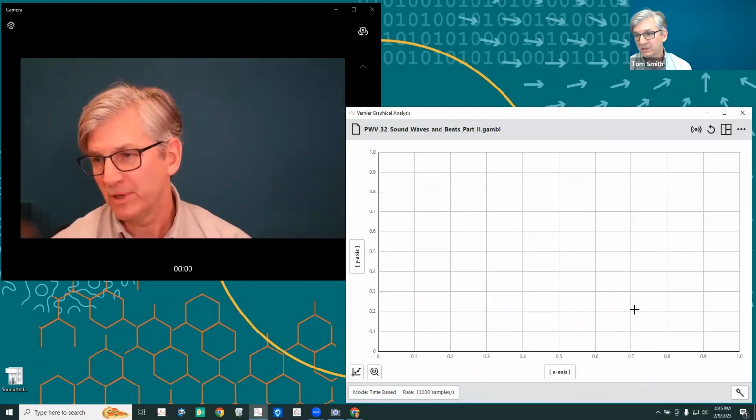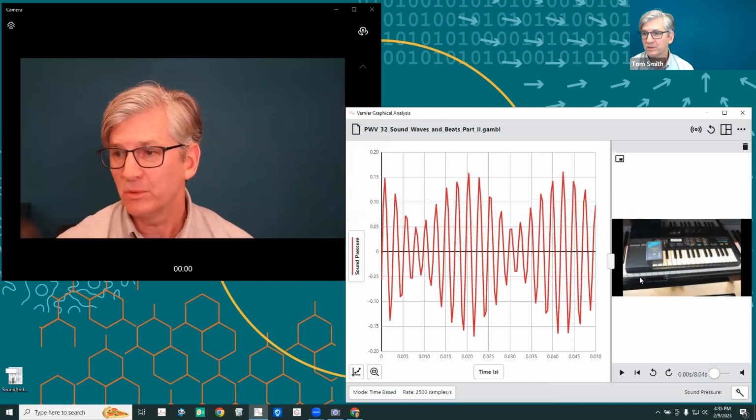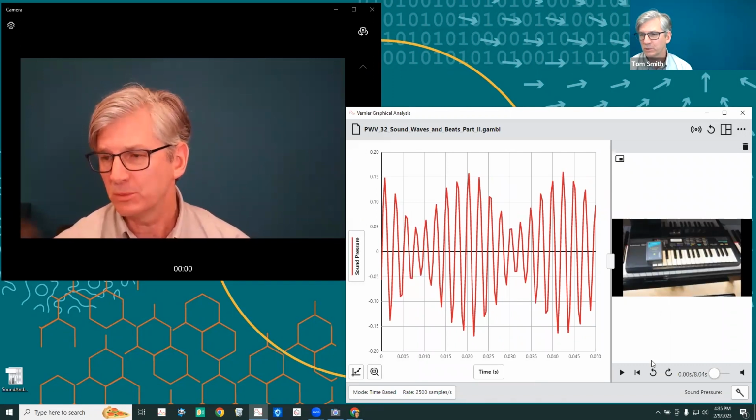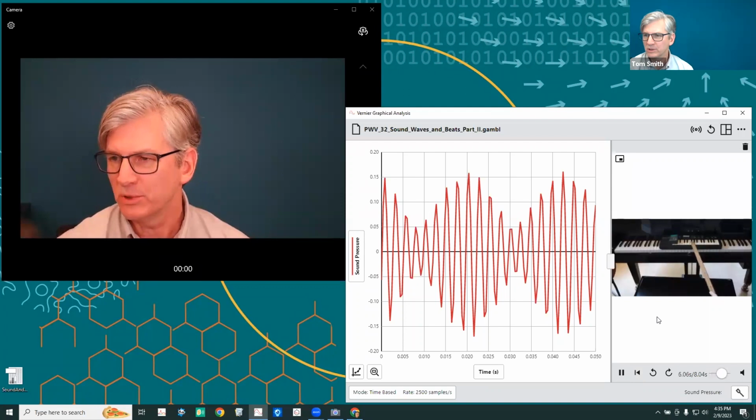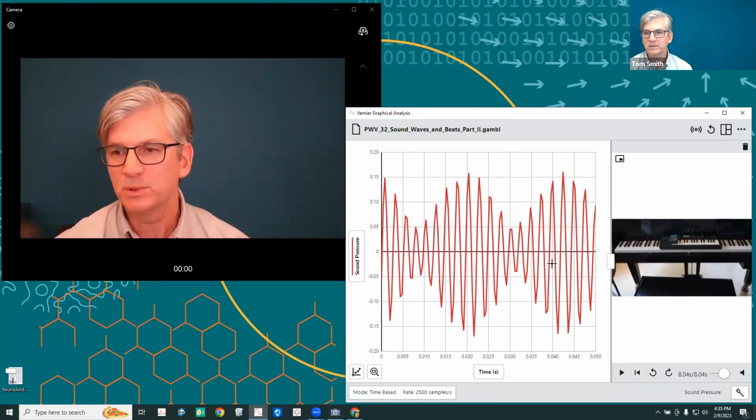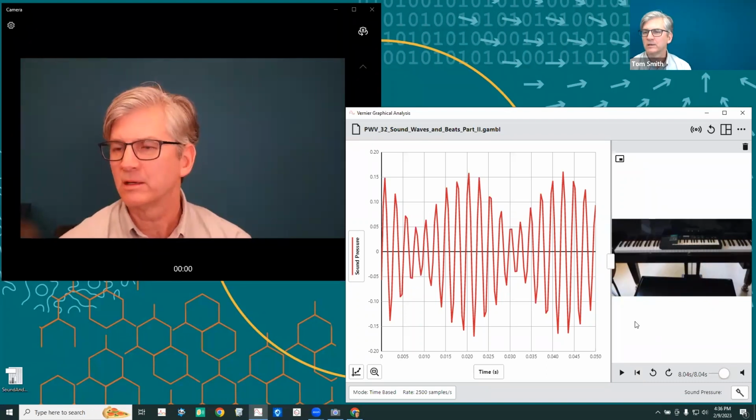And here we have basically the same video, but what we have are 2 notes being played. Actually, the video includes, you can see when he's pressing down, there are 2 keys being pressed down there. And we get this beat function here and a series of questions in the lab about that.